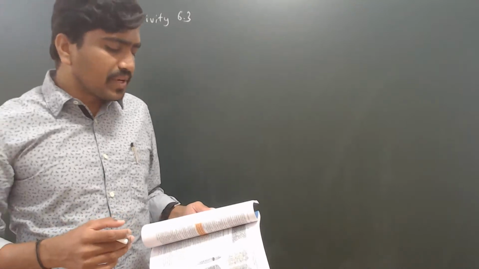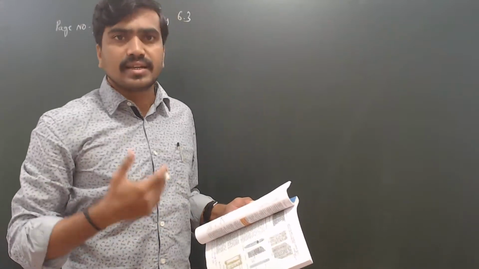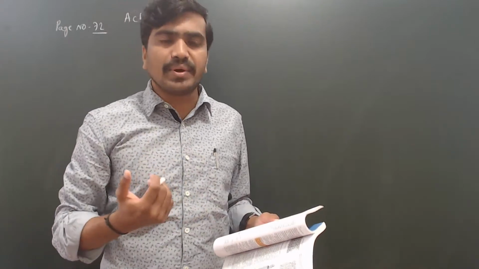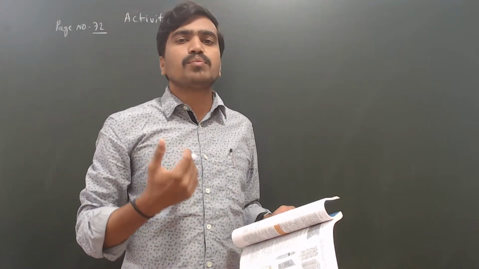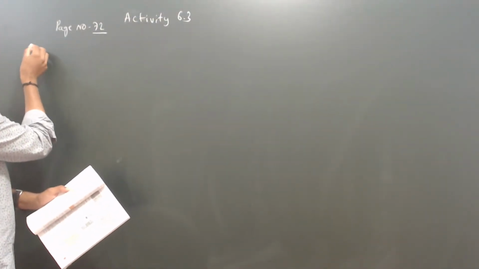Okay. First, related to this activity, some procedures are there. Whatever activity you want to do, some protocol, some procedure is there, step by step, which easily helps you to do that activity. Let's see that procedure. I will write these points, procedures one by one.